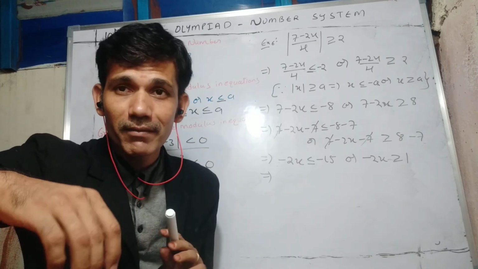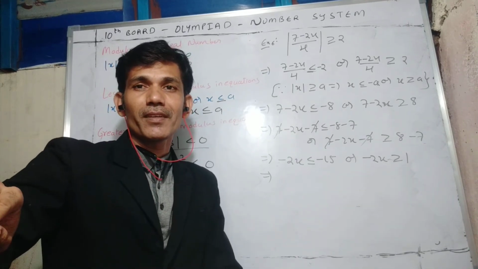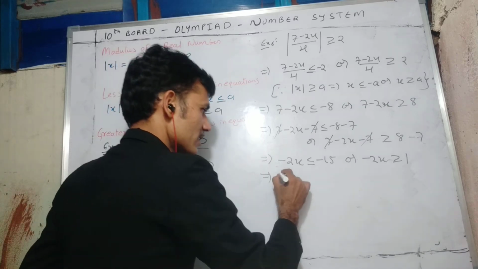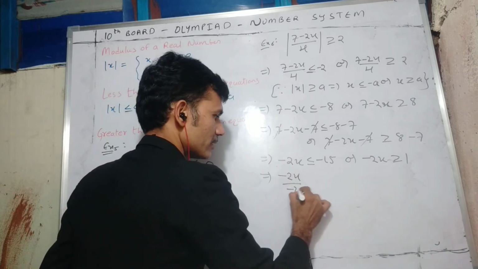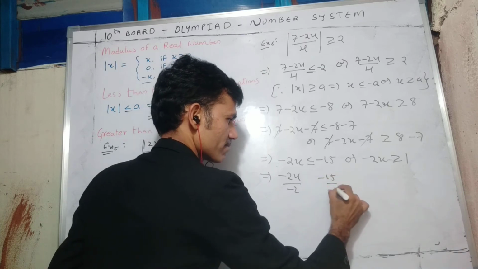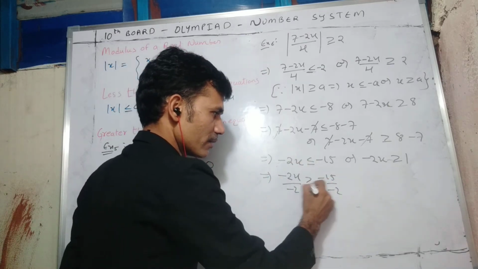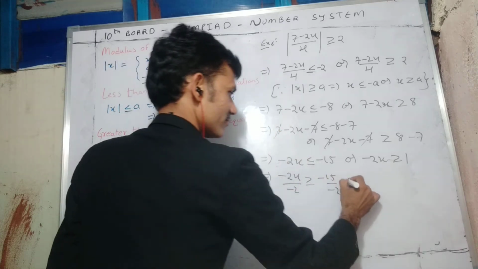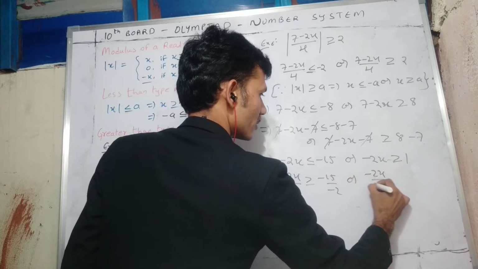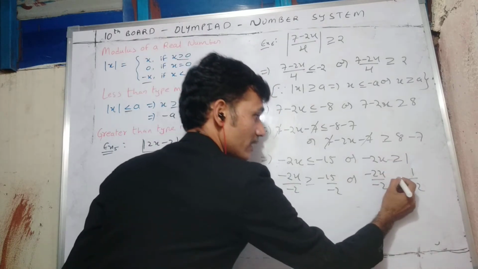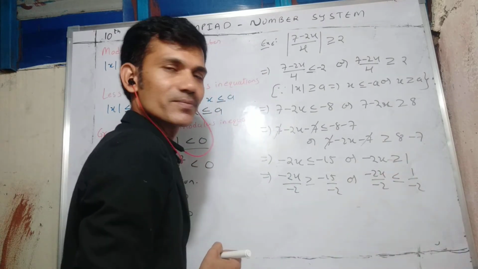When I am dividing with negative numbers, the inequality sign reverses. That means if I divide with -2 on both sides, the less than or equal to will become greater than or equal to. Similarly here also I want to divide with -2. Greater than or equal to will become less than or equal to.